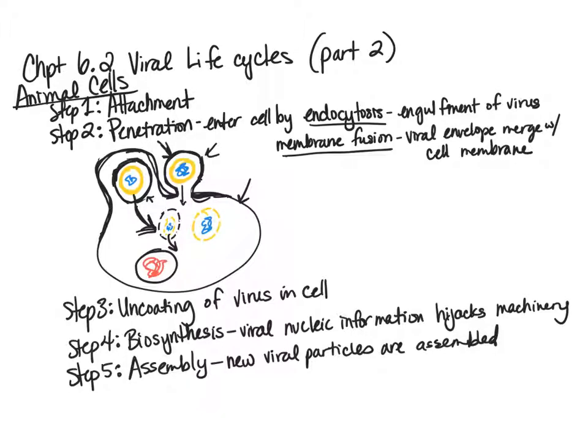All right, so if we're following along with these parts, all of our pieces are out here in biosynthesis. And then in our assembly, now we're just piecing these all together. So we're going to be putting these together here, putting these together here, and then we're putting the nucleic information in there. And now we've assembled our viruses.